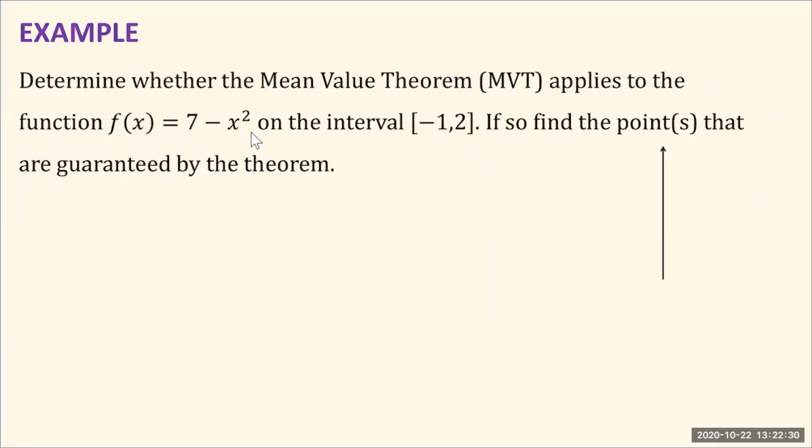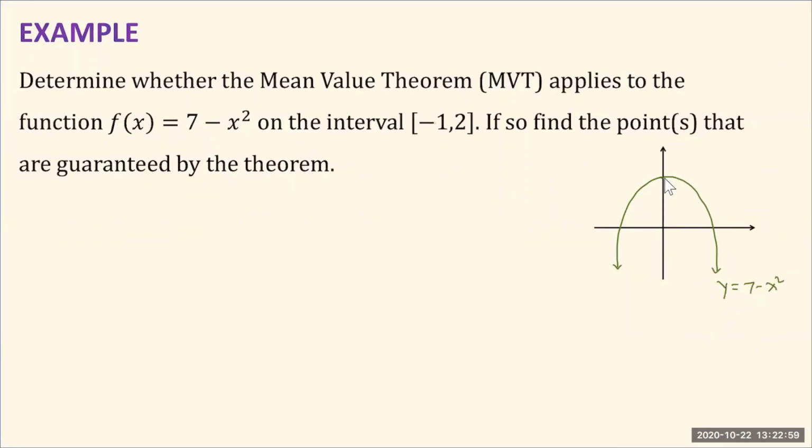Suppose that is my y-axis. This is my x-axis. Our function is 7 minus x squared, so it's a downward facing parabola. Let's draw a downward facing parabola with the y-intercept 7 units. This is the downward facing parabola y equal to 7 minus x squared.